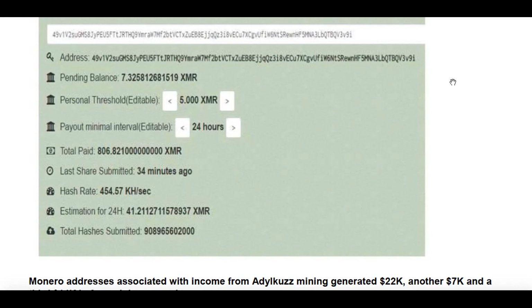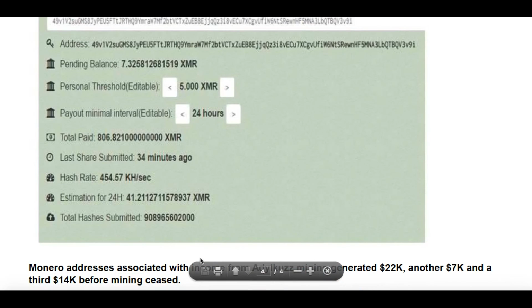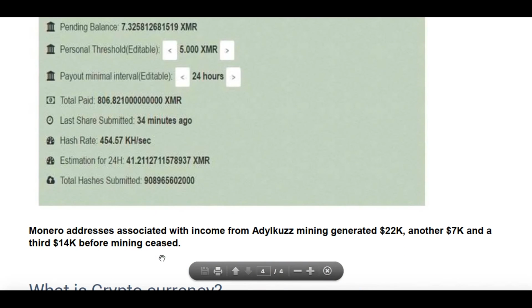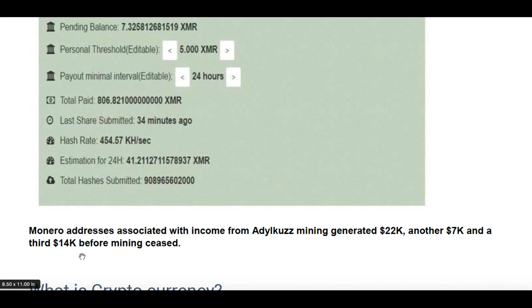The Monero addresses associated with income from Adylkuzz mining generated, you can just imagine, $22,000, and in another type they earned $7,000, and in a third type they earned $14,000 before mining got seized on most computers. So you can just imagine, WannaCry ransomware attacked so many computers and their profit was too little. And when we talk about Adylkuzz, their attack was so silent.